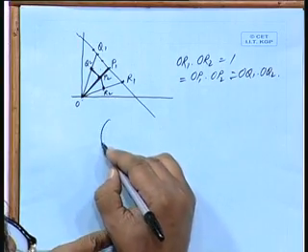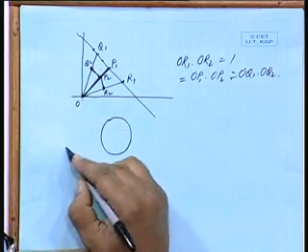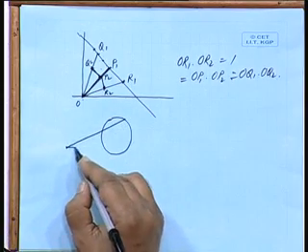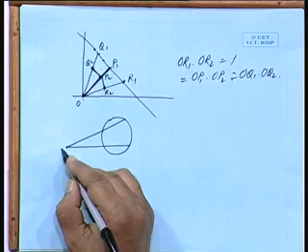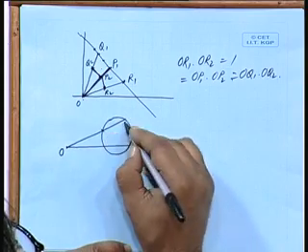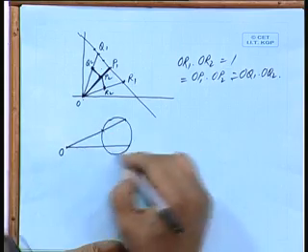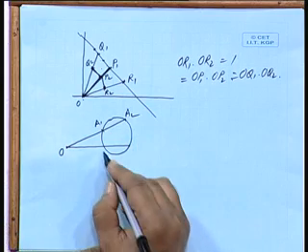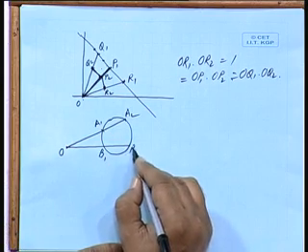If you remember in geometry you have studied, if I draw 2 lines like this, say O A1 A2, B1 B2.